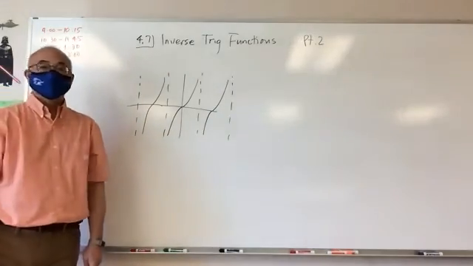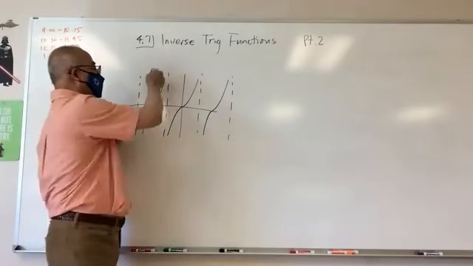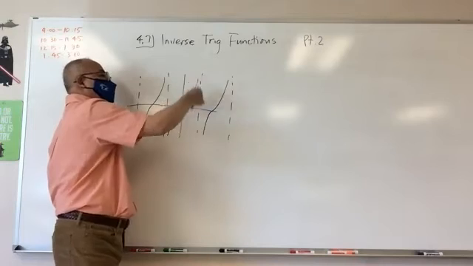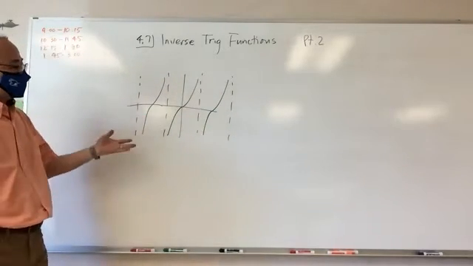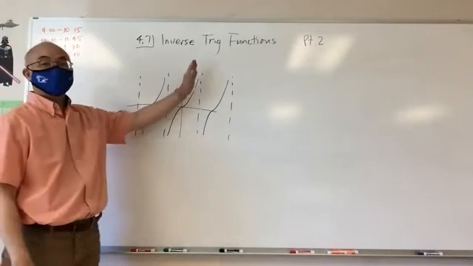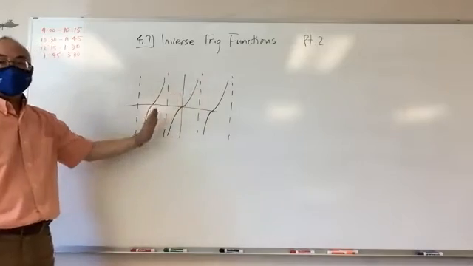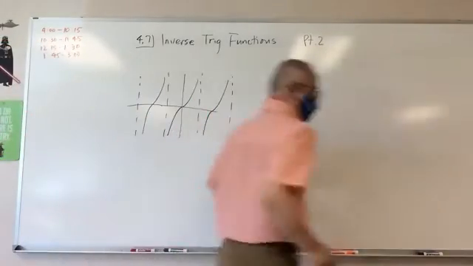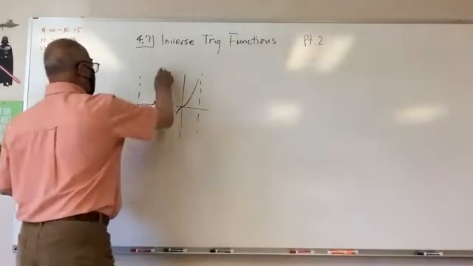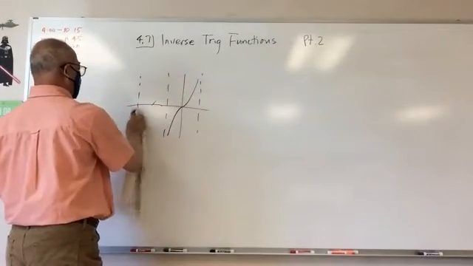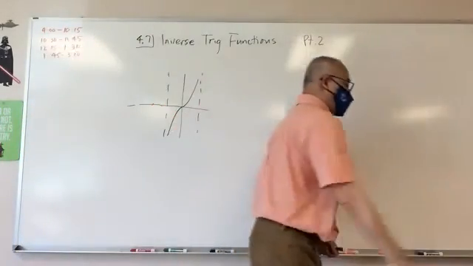On the tangent graph, the vertical line test works, horizontal does not, so I'm just going to pick one period right here. We're going to deal with this one alone, and we're going to pick just this one period.